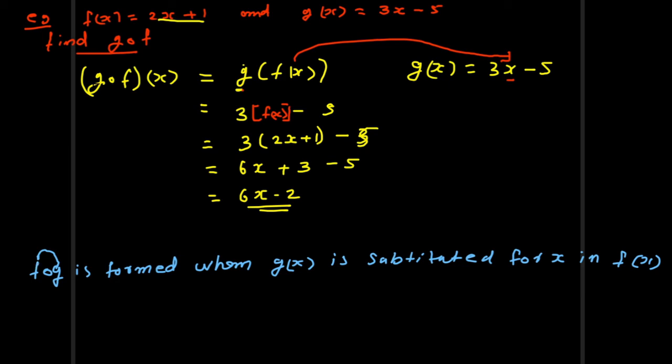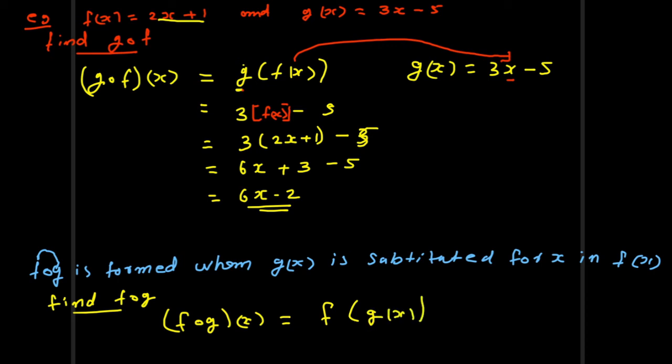Okay, so here the same example you can take, but to find f of g. Okay, so (f of g)(x) equal to f(g(x)). Clear? So here g, the inner function, is substituted in the outer function. First you write the outer function.